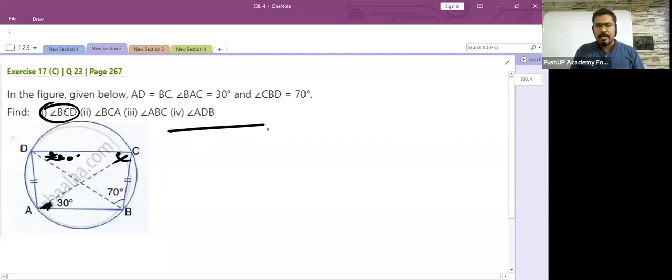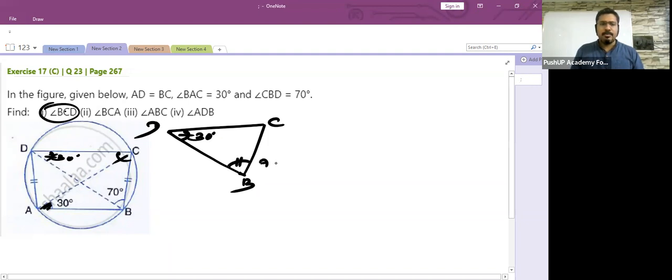Children, if you had taken this triangle BCD, you would have got this angle as 30. This angle was already given to you, which is 70 degrees. Can't you find the third angle of this triangle? That is angle BCD. Now you just have to use the angle sum property.